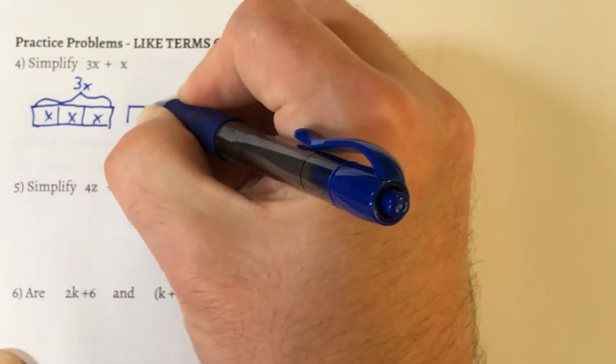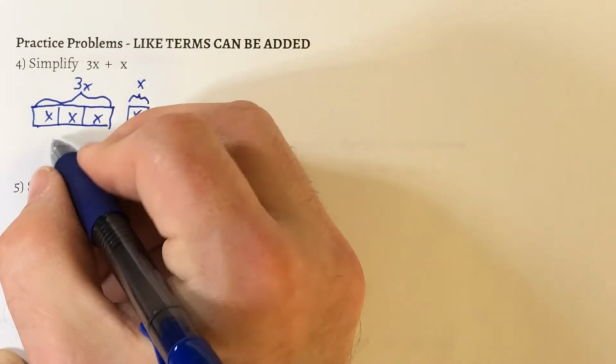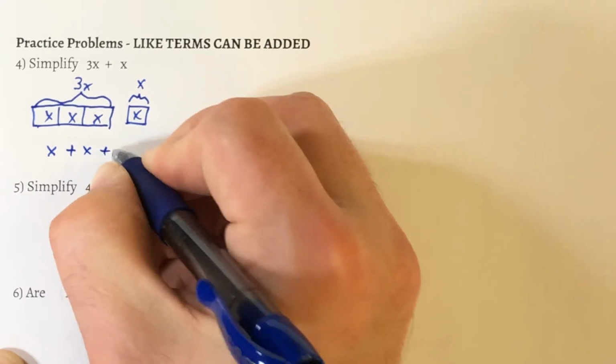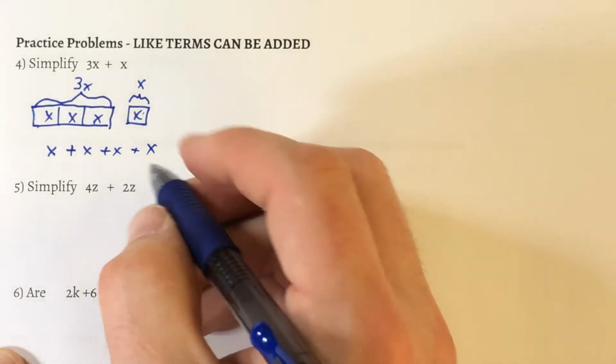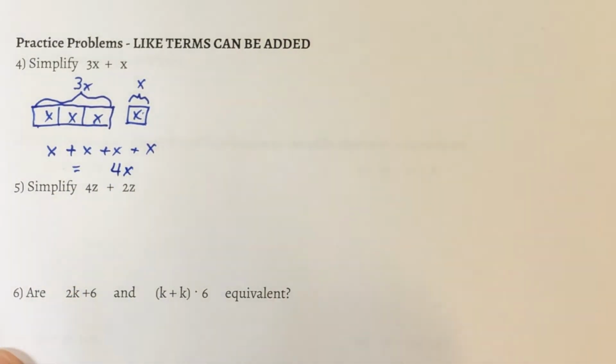And we're going to add one more group of x. So essentially, what are we doing? We're taking x plus another group of x plus that last one, and our answer would ultimately be 4x.